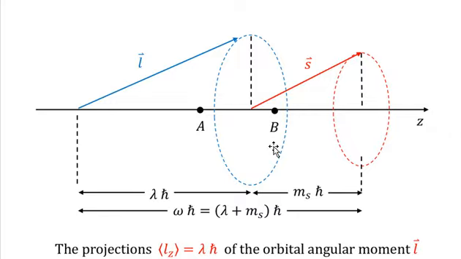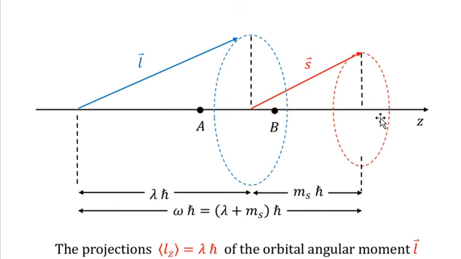In order to calculate the projection on the z-axis, I have shown these two quantities, the orbital angular momentum and the spin angular momentum, on the z-axis. The angular momentum L is assumed to carry out a precessional motion about the blue loop, whereas the spin angular momentum S will carry out a precessional motion about the red loop about the z-axis.